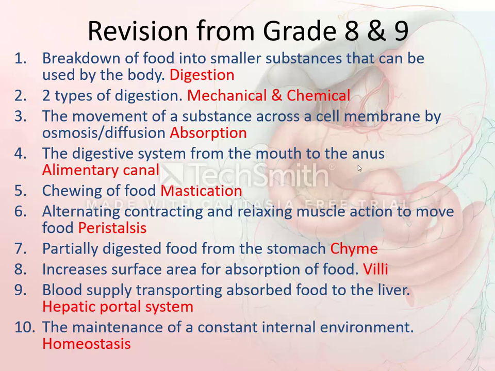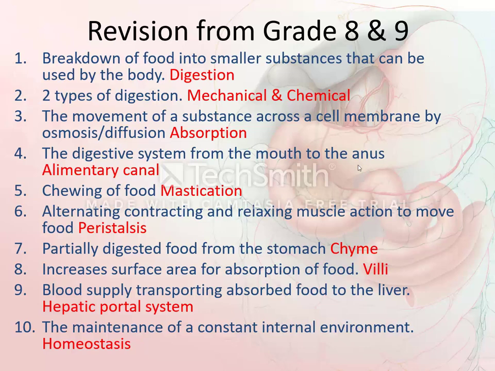And then the last definition, and I think you did this in grade 10 as well, is homeostasis. Now, homeostasis is when we balance the environment inside our body. So if your temperature, for example, body temperature is 37 degrees Celsius, and you are cold, like today is very cold, then your body is doing certain processes to try and keep you warm.